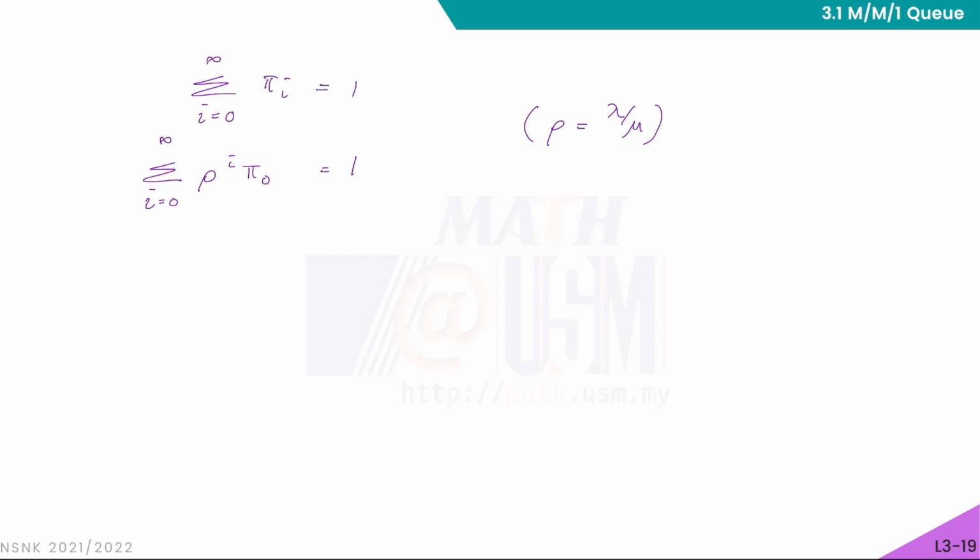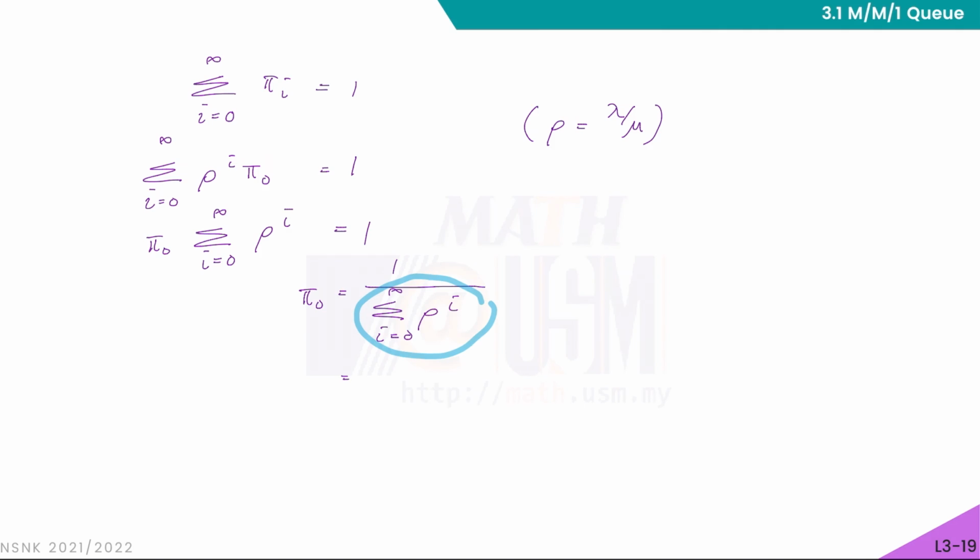Next we factorize or take out pi naught, leaving the summation of rho I. Then pi naught equals 1 over the summation of rho I.